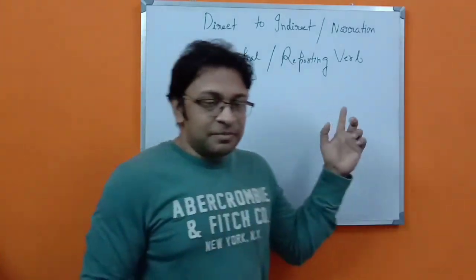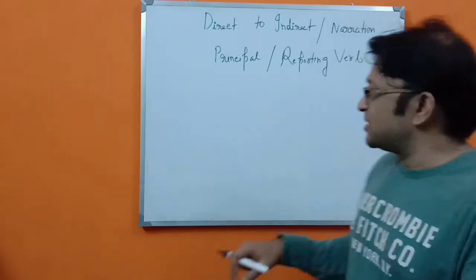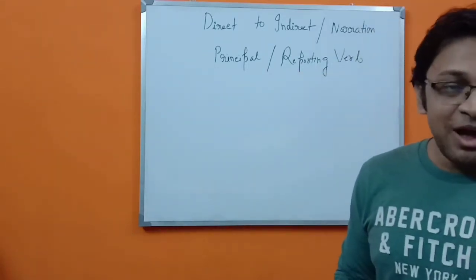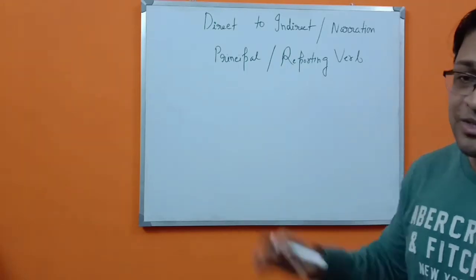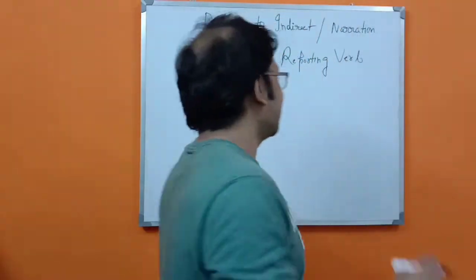This is the most important thing while changing direct to indirect, because it will lead you to know how you can change the sentence, as it plays a very important role. How? I am going to tell you.